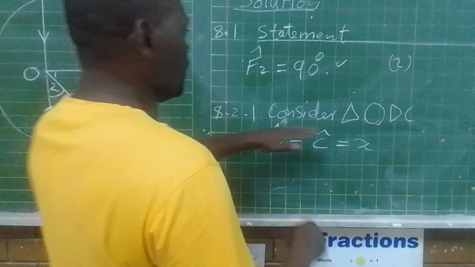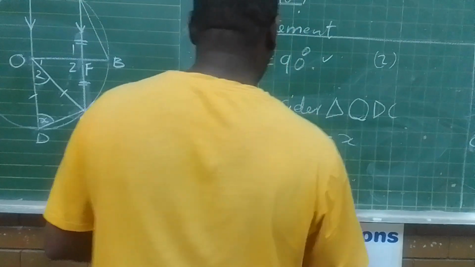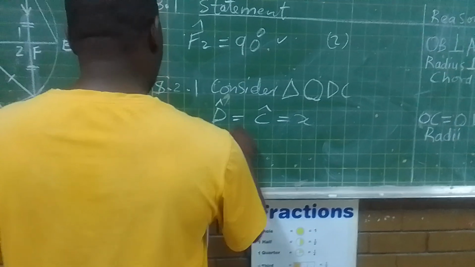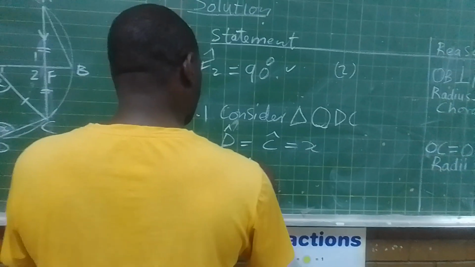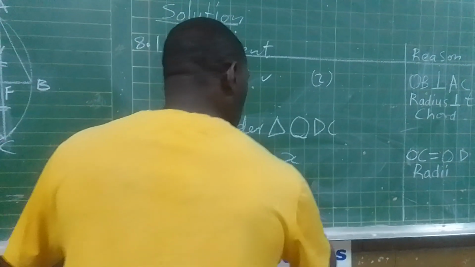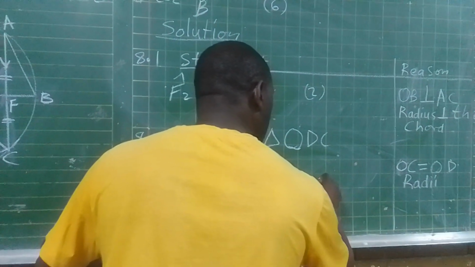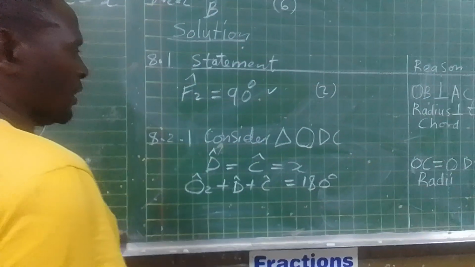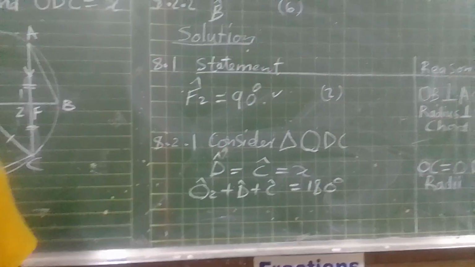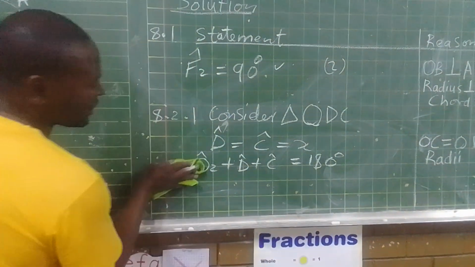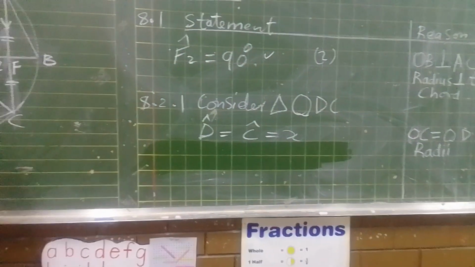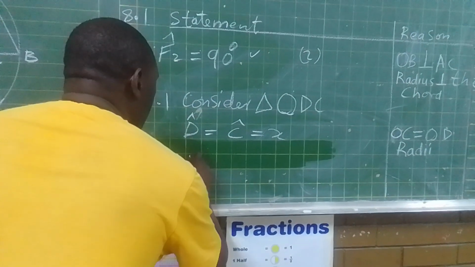So we can say in triangle ODC, angle O2 plus angle D plus angle C is 180 degrees. We cannot write that reason there, so we erase this part, we go down further. Just skip the line, write it here.